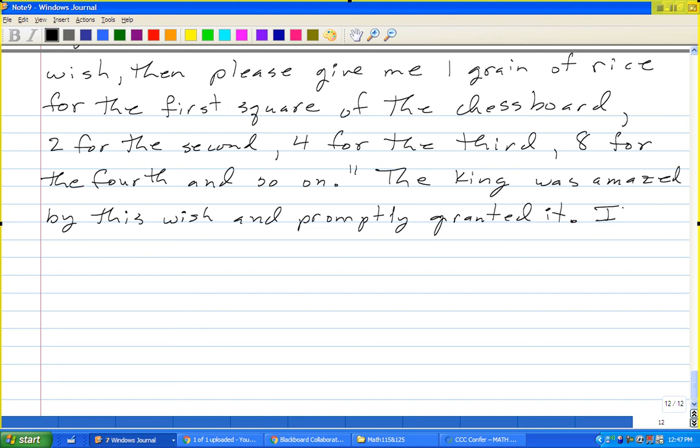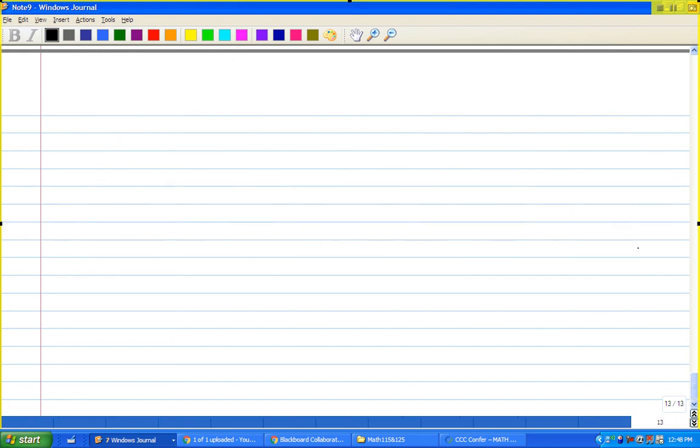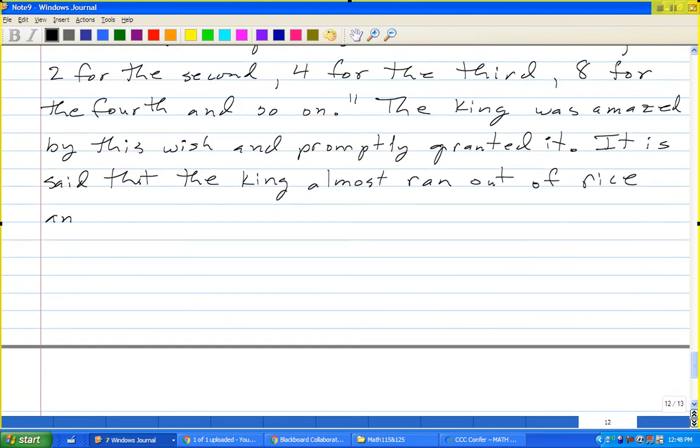It is said that the king almost ran out of rice and found it impossible to fulfill the wish.